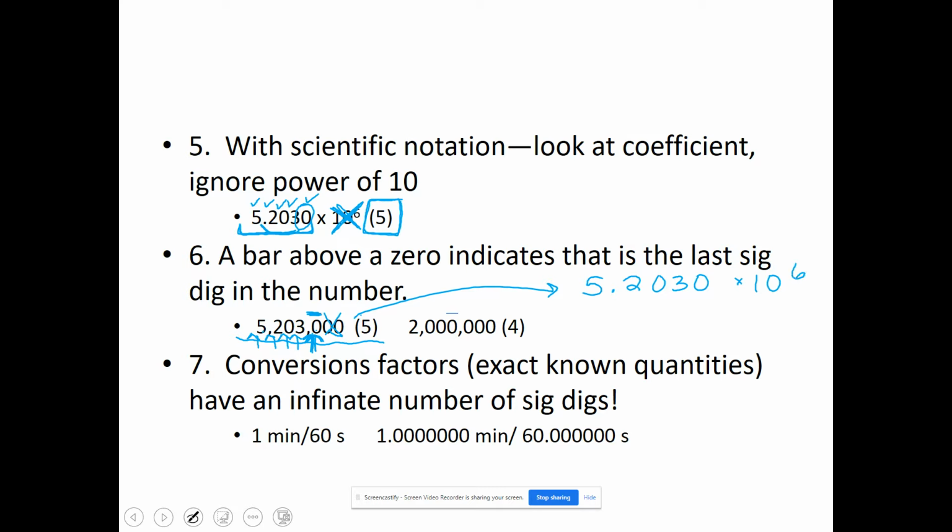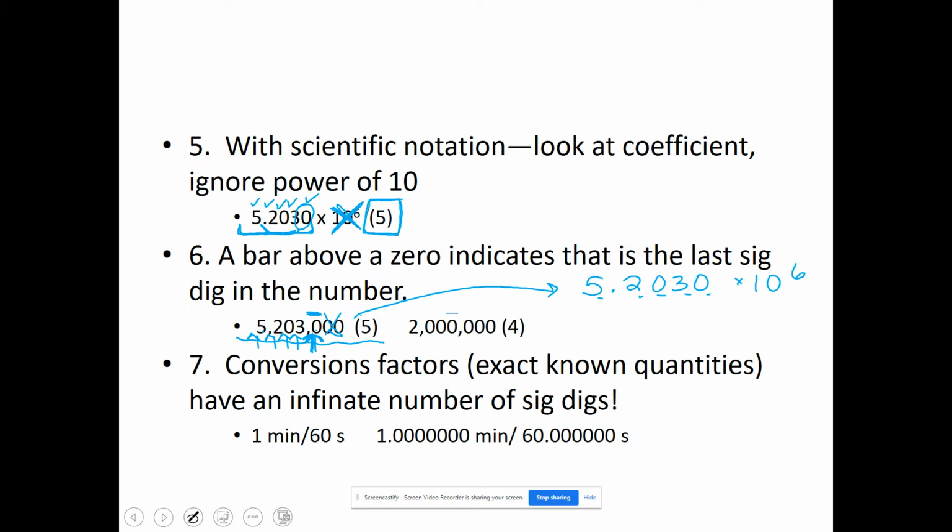I don't know if you guys remember scientific notation or not, but if you move the decimal to the left, the exponent increases. When you move the decimal to the right, the exponent decreases. So that number you could rewrite, and now you can see there's 1, 2, 3, 4, 5 sig digs, and that's how many we wanted. So you can do either one when you have zeros involved. You could write it in scientific notation or put the bar above a 0 when there's lots.